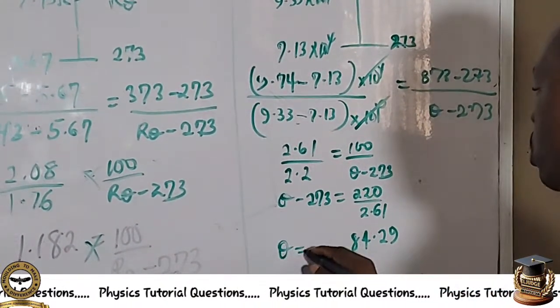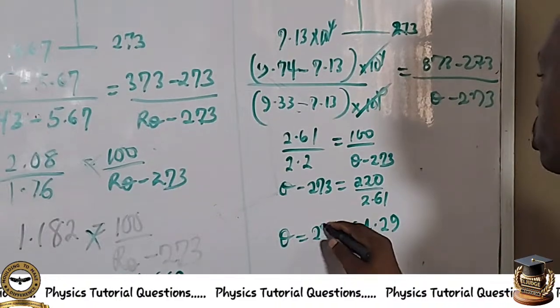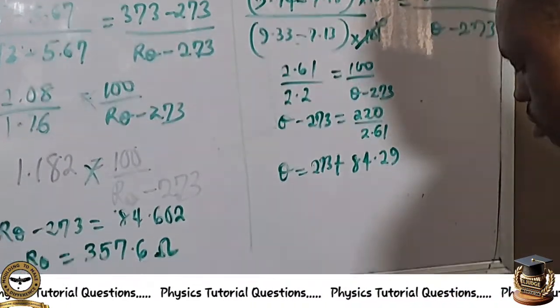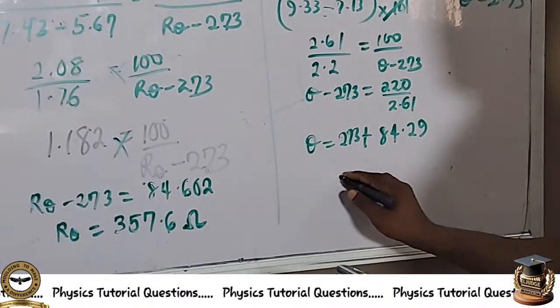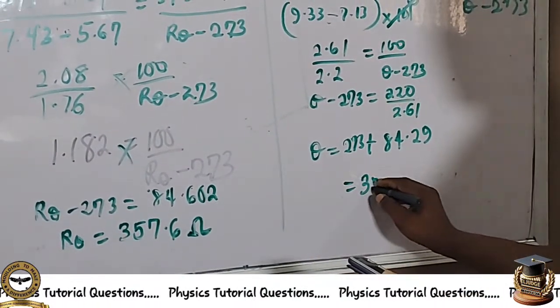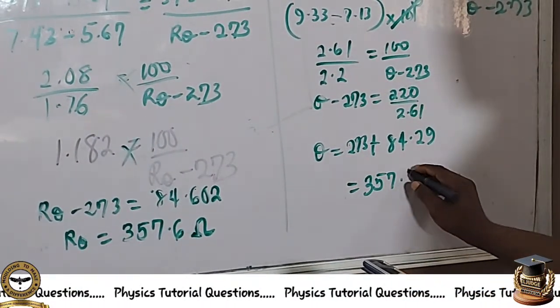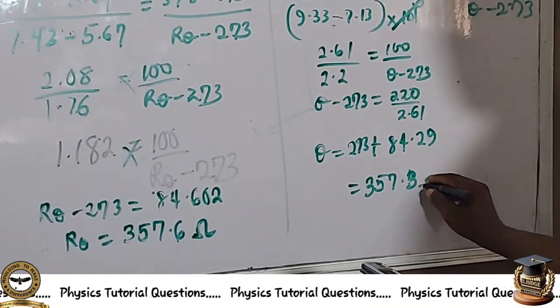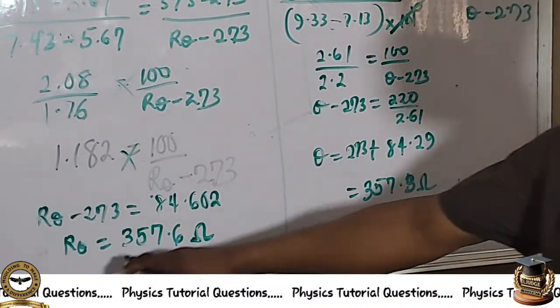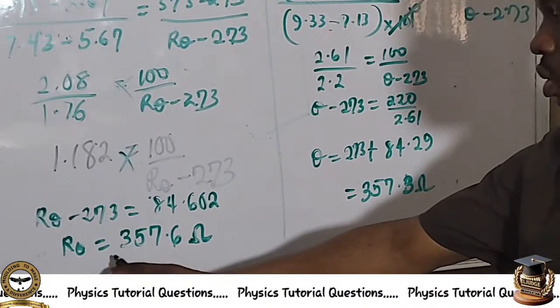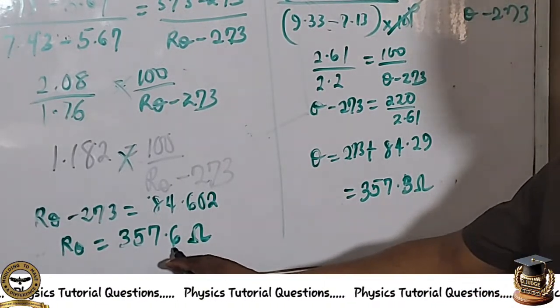And so theta equals 273 plus 84.29, and this gives us 357.3 ohms.